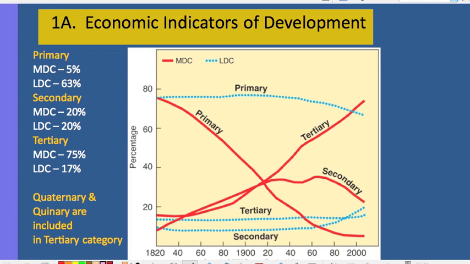What is helpful to determine what type of development a country is at is that you can actually look at the mix of job sectors. So if you look here at this graph and you see MDCs over time, 1820 here, and today, 2000, MDCs have a very low percentage of primary sector jobs, so a very low percentage of people who are farmers or fishermen or miners.